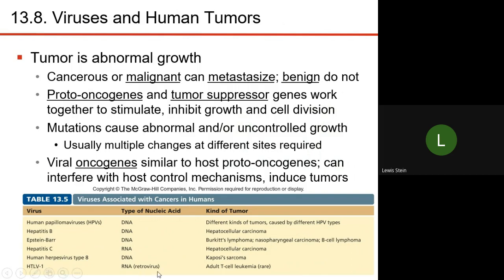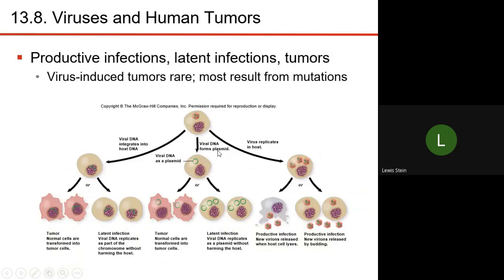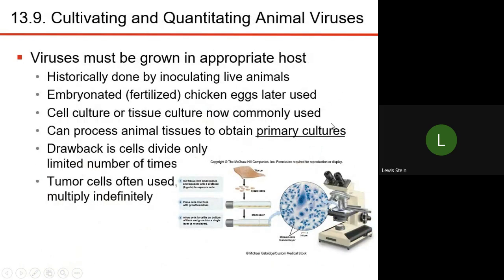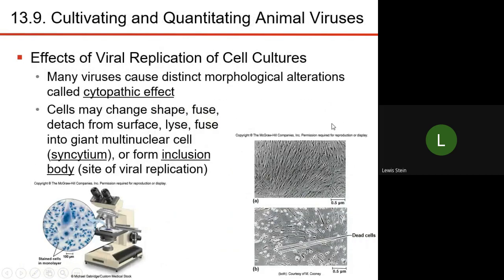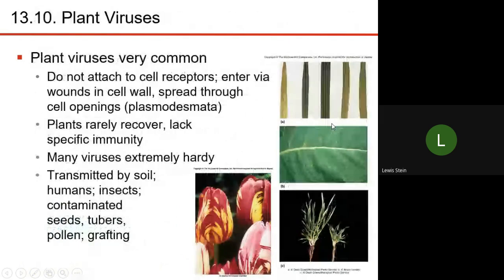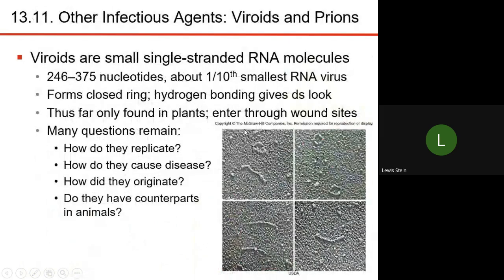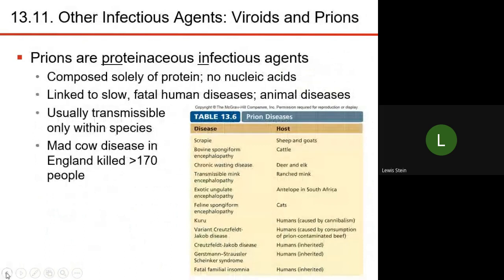I don't know enough about the rare RNA virus, HTLV-1, but herpes 8 and Epstein-Barr are the ones that are significant. The herpetic group, and hepatitis B and C, because it has more to do with the liver cells themselves. And then that's all lab. I'm not doing that. Don't know anything about viroids other than they're just short RNA chains.